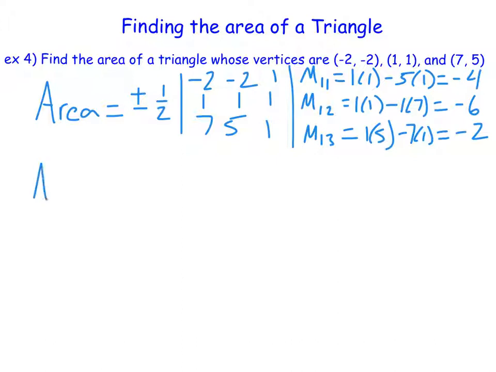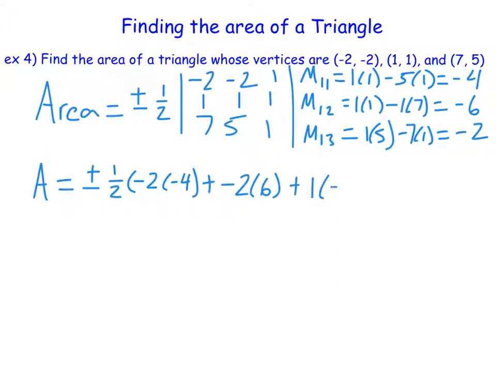Alrighty, looking pretty good. Negative 2 times negative 4 plus negative 2 times negative 6. Nope, positive 6. That one switches.